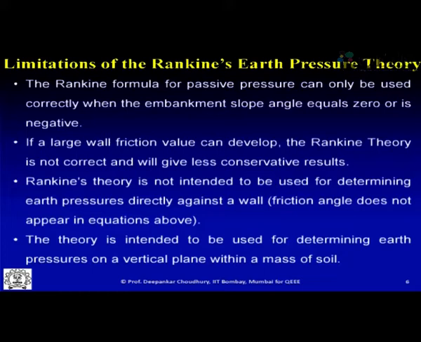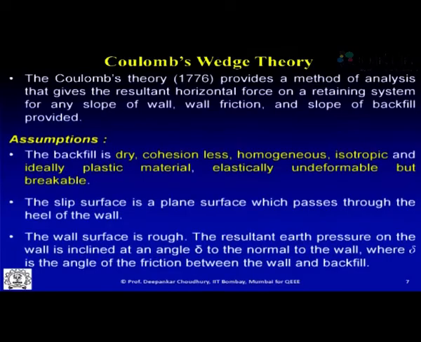Rankine theory is not intended to be used for determining earth pressure directly against a wall, because the friction angle does not appear anywhere in the equation, because the basic assumption of Rankine theory, as we have seen, is that the wall is smooth and vertical, and the theory is intended to be used for determining earth pressure on a vertical plane within the soil mass, not for an inclined plane.